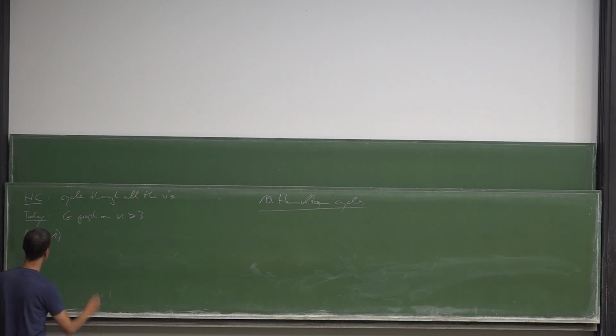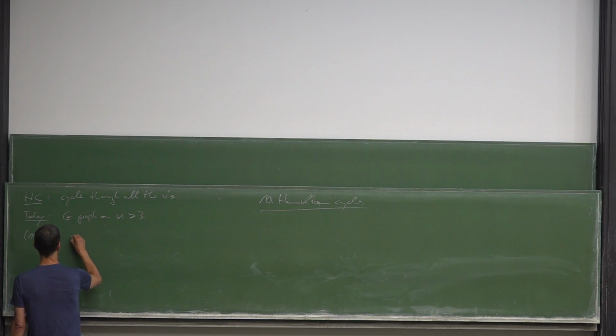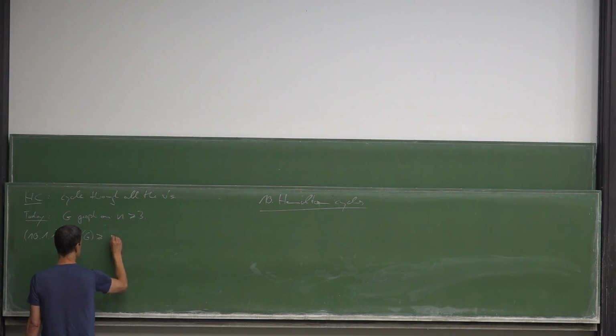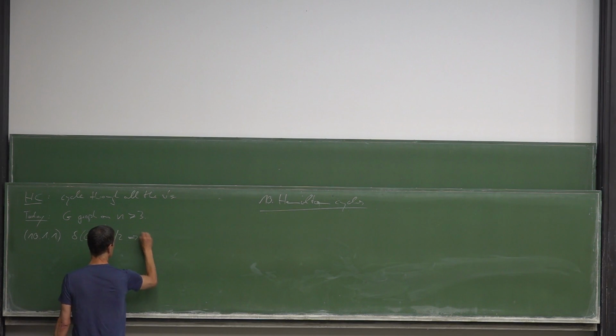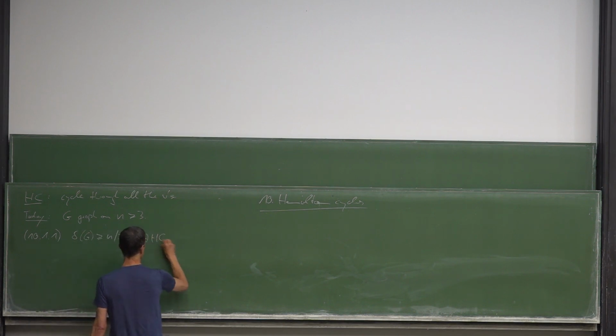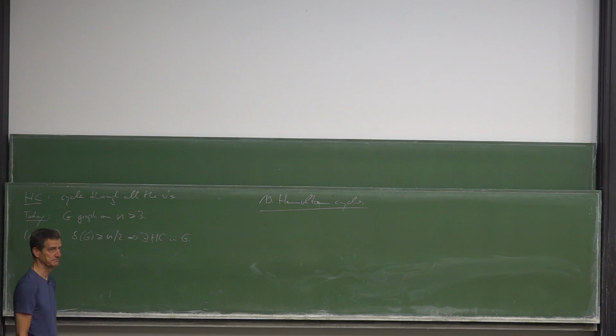Dirac's theorem says that if the min degree is at least half n, then there's a Hamilton cycle in G.